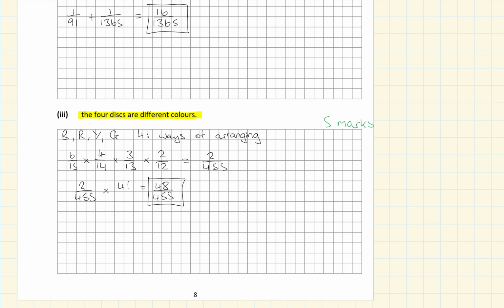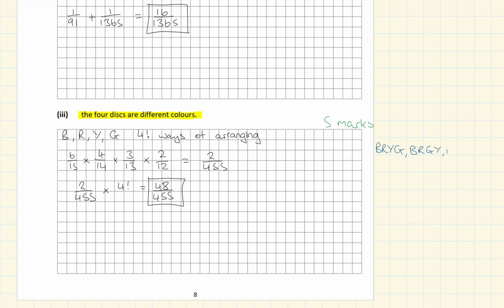So now, a longer way, I suppose, of answering this question would be if you went through each separate scenario, but that would take quite a while. So it'll look something like blue, red, yellow, green. If we ran through all the ones starting with blue, it'd be blue, red, green, yellow.